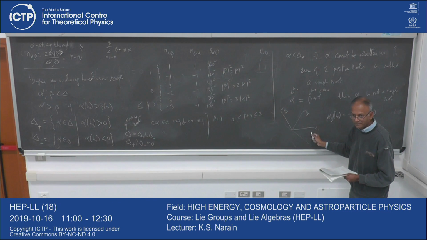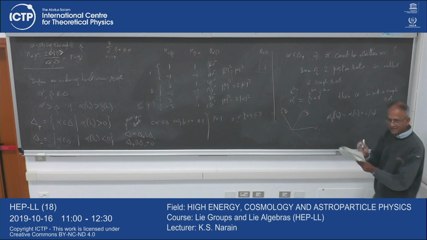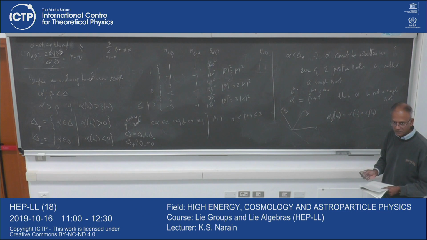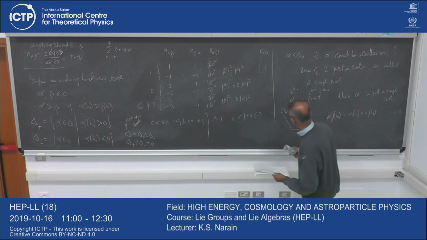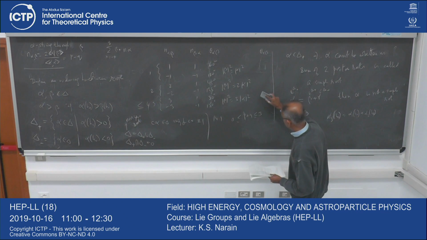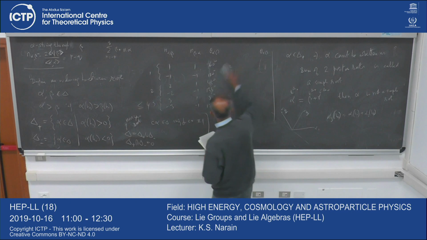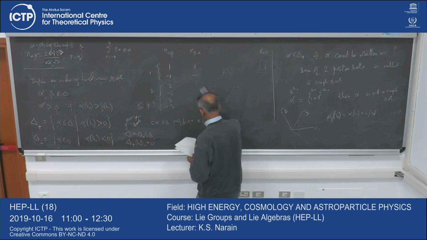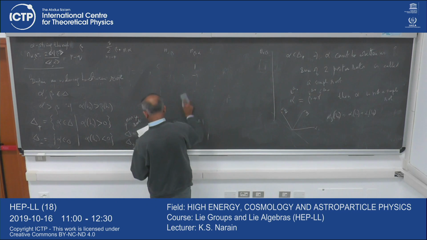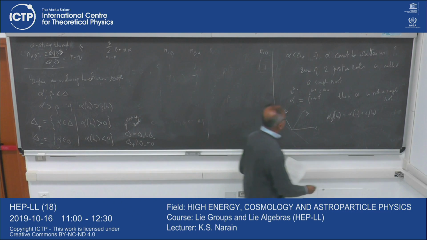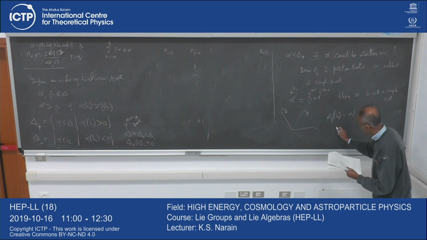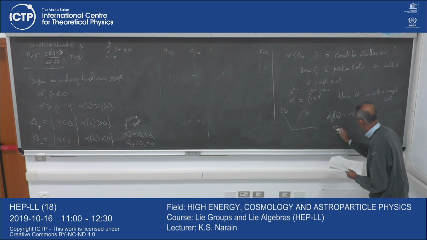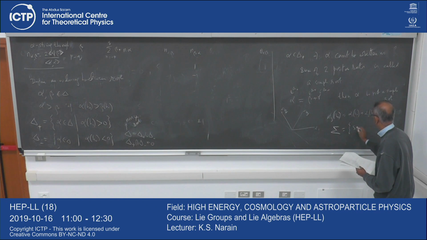So we want to find the smallest possible values. This is roughly the idea. And then we give a notation: we will define by sigma the set of simple roots.